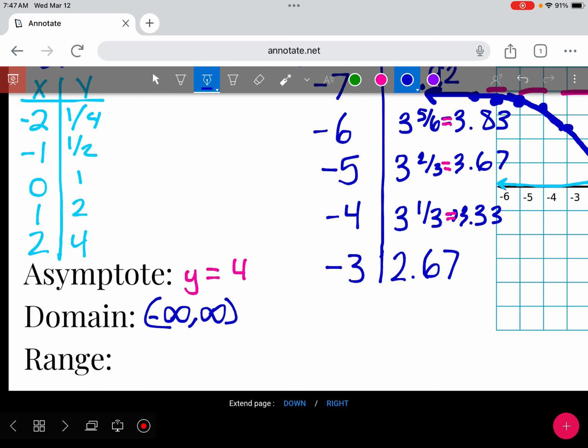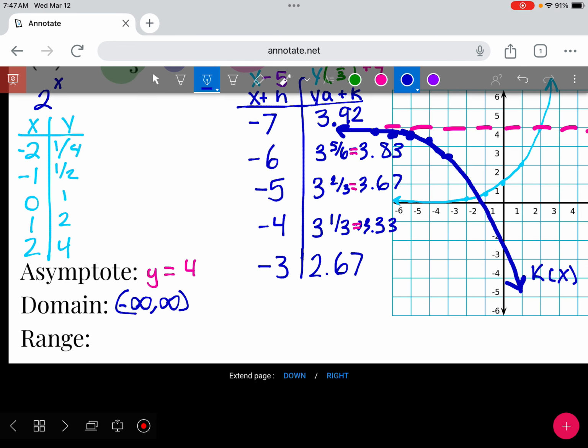What's our range? 4 to -3. Yes, but we tend to write them smallest to biggest, so we're going to flip-flop them. So we're going to go from negative infinity, because it's the smallest, up to 4. So our asymptote's involved, but it's in a different spot this time, because we go from smallest to biggest.